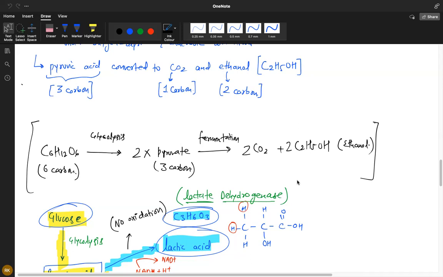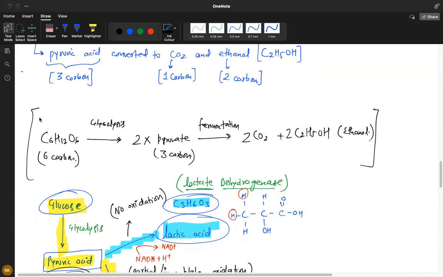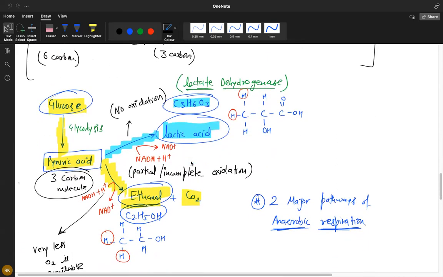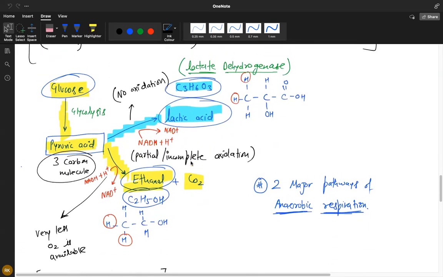So we have two carbon dioxide plus two ethanol. So total 6 carbon that we started with in glucose, due to fermentation, gets divided into carbon dioxide and ethanol. So which means complete oxidation has not happened, correct?